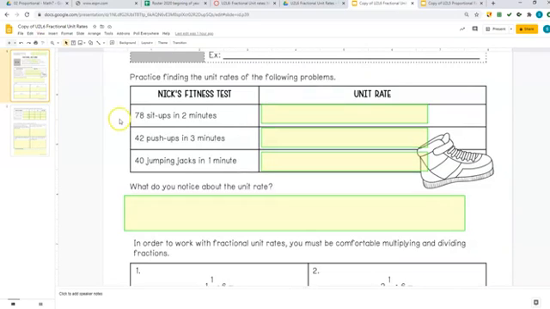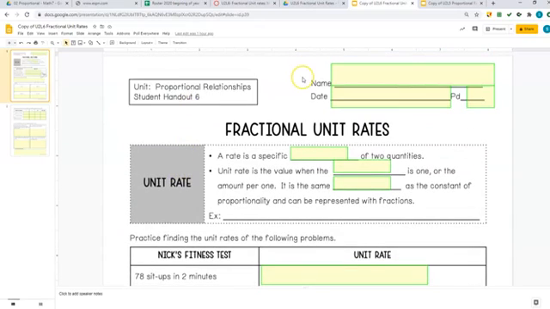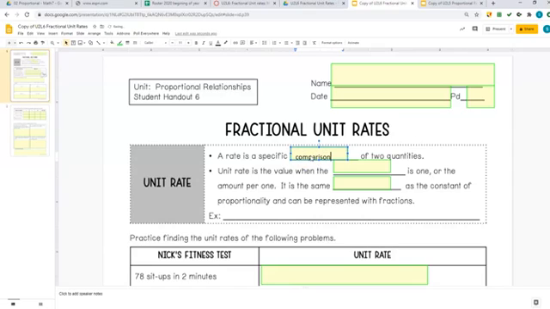We're going to figure out how to do all the things we've been doing before, except for now we're going to have more rational numbers, fractions, as our unit rates. Okay, so what is a unit rate? Well, a rate is a specific comparison between or of two quantities, and here the comparison is by division.